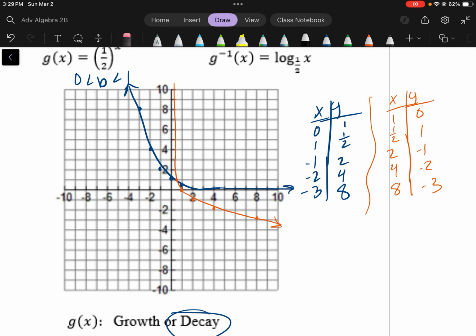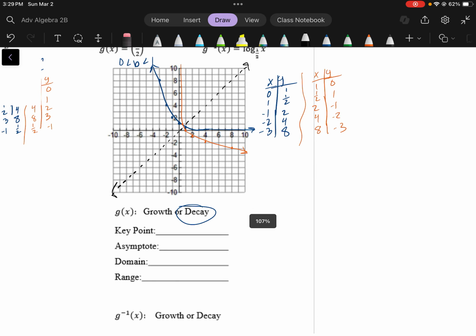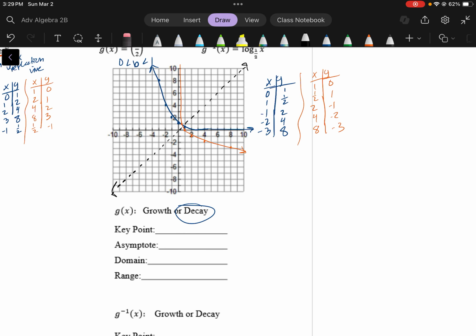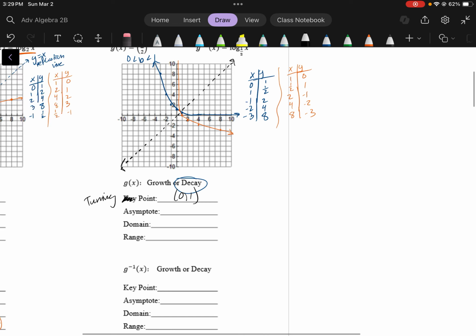It's kind of weird to look at, but it is still being reflected over the line y equals x. Okay, so all that stuff is still true. So the turning point, I guess I'm going to write this every single time. The turning point was originally (0, 1), and then it's going to turn into (1, 0). So they're going to switch spots. The asymptote of the original was y equals 0, so then it turns into x equals 0.